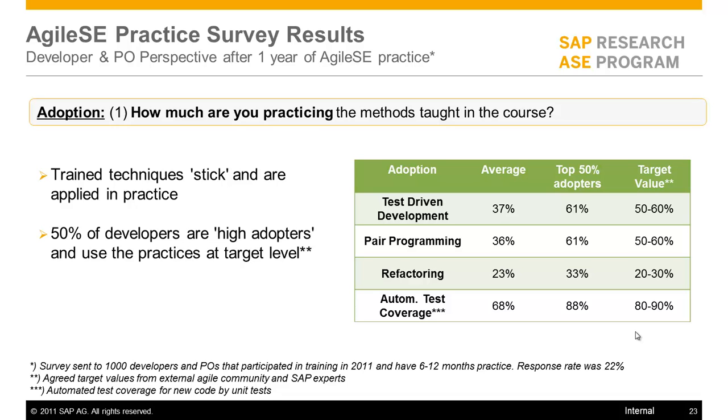And like I said earlier, test-driven development and pair programming, the target for these practices is not necessarily 100%, but more like 50 to 60% in this case. So you can see that half of the people really operate at what the industry and we consider as the target values. So the practices really stick.